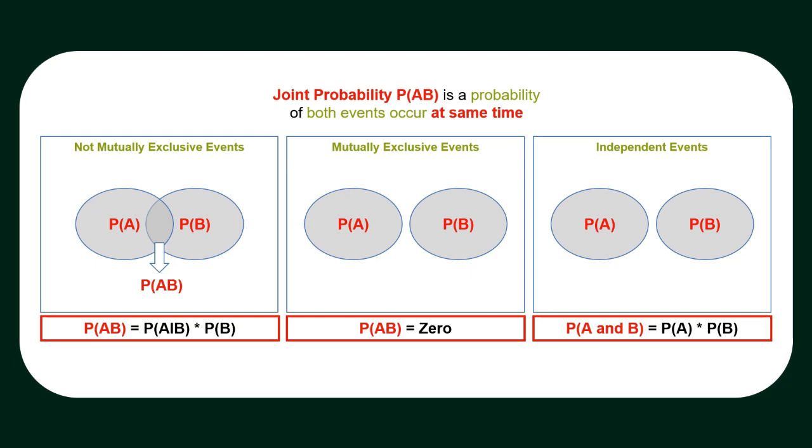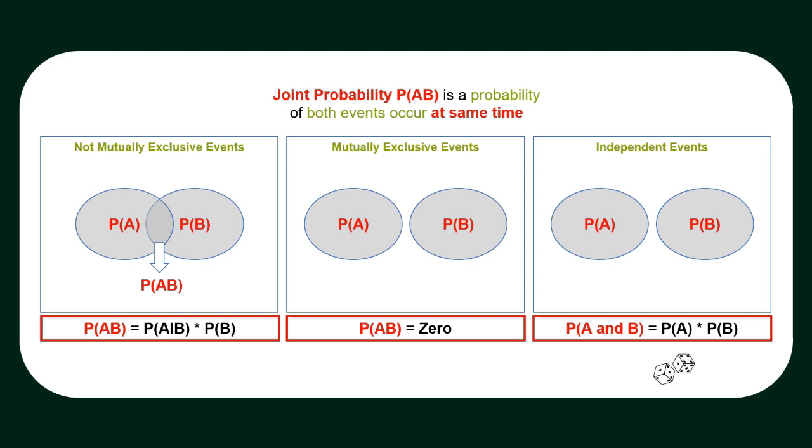Now, in case of mutually exclusive events, joint probability of event A and event B is 0 in this case, as both events can't happen together. Finally, in case of independent events, joint probability of event A and event B is probability of event A multiplied by probability of event B. It should be noted that in this case, event A and event B are independent, but these two events can happen together.